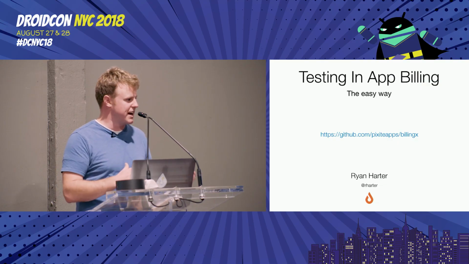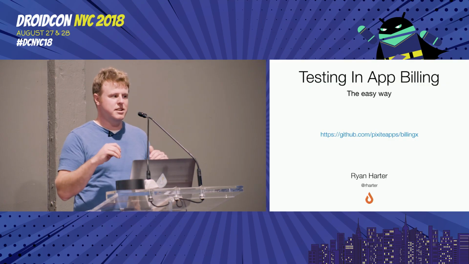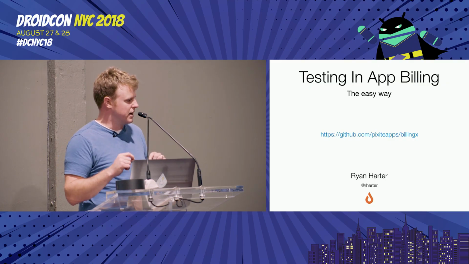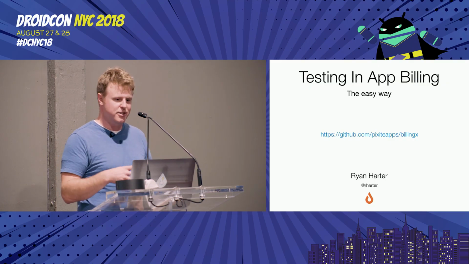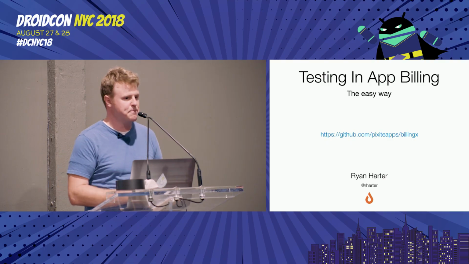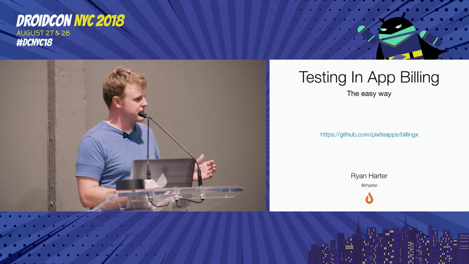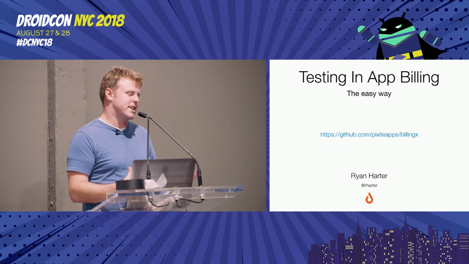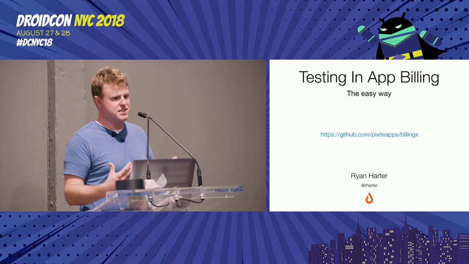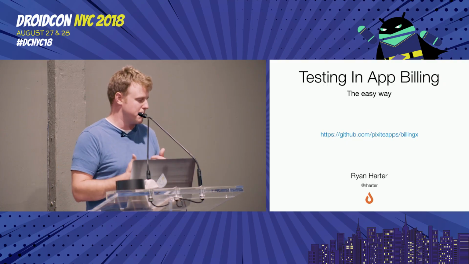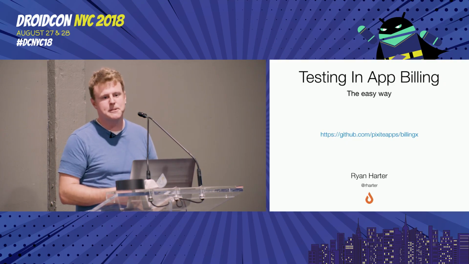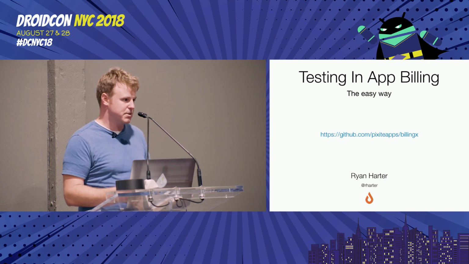What I'm working through right now is actually migrating Google's Trivial Drive, which is their in-app billing sample app. I'm actually migrating that to BillingX. And what that allows me to do is make sure that all these things like consumable purchases that I don't use in my app are implemented properly. When that's complete, we'll probably go to 1.0.